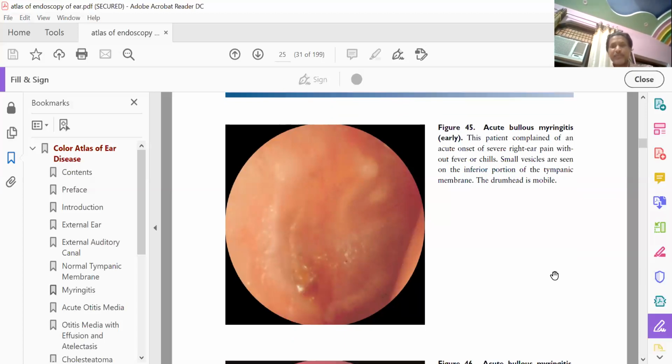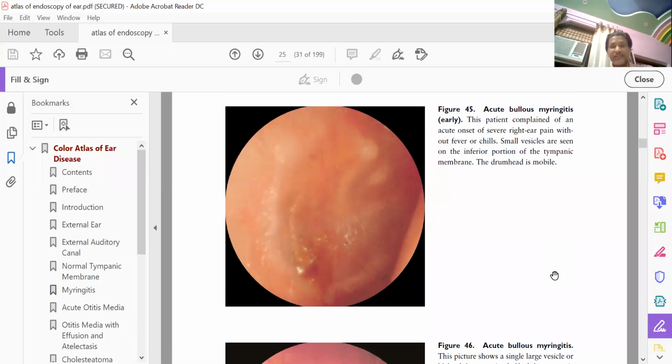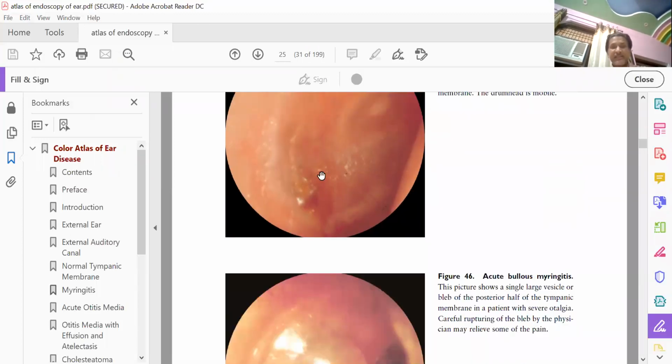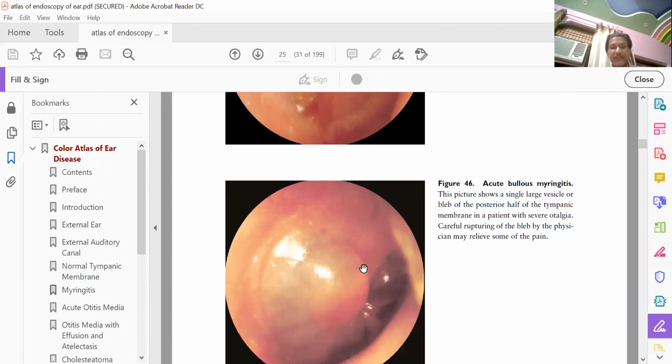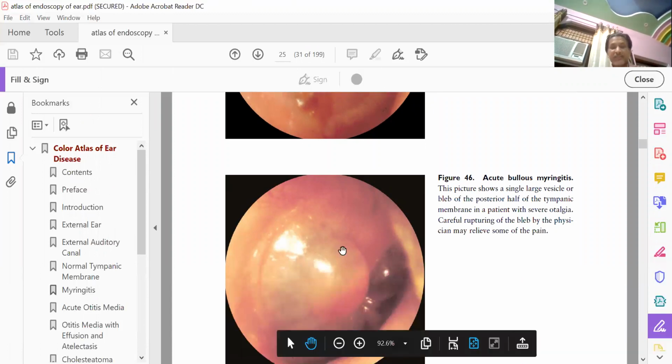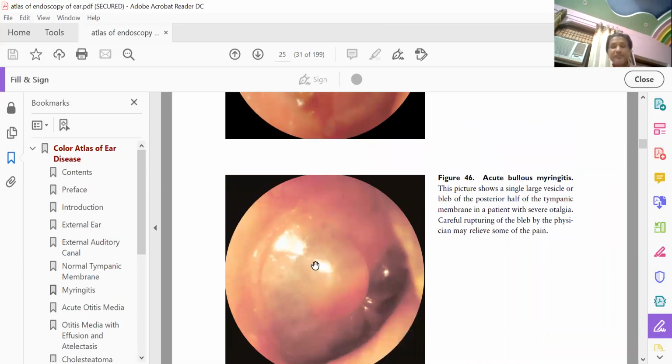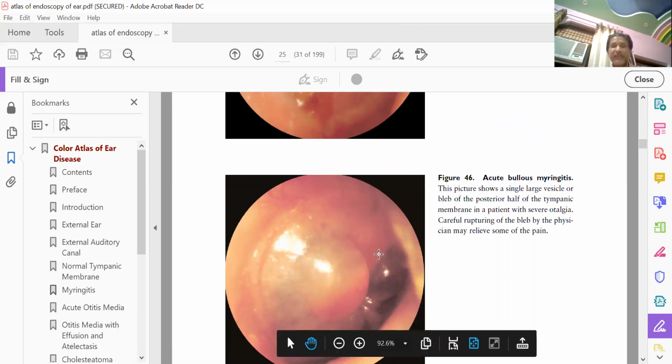This is called bullous myringitis. In the early stage, you can see the appearance of a bulla, and suddenly a large bulla, which is a larger version of a vesicle, and most of the time it is filled with serous fluid. The tympanic membrane has a large bulgy appearance, whereas the middle layer is normal.